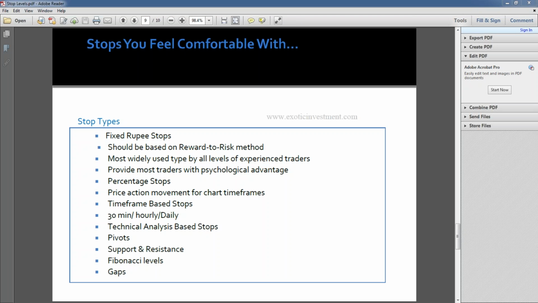So the most widely used type by all levels of experienced traders is the percentage stops, which provide most traders with the psychological advantage, and the risk reward is most widely used too. Something like 9700, 9750 as the targets, or something like 9650, 9600 as the stops, or as the short levels, short targets.